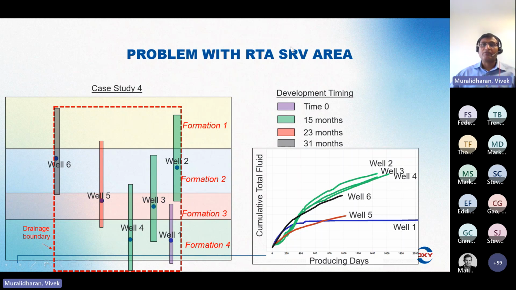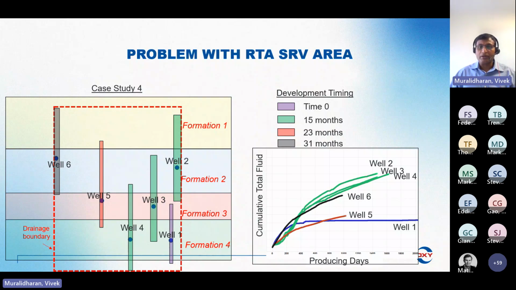For example, wells 2, 3, and 4 may have the same total fluid, but when you look at the oil, they may not be the same. Well 4 has much lower oil compared to wells 2 and 3 because the water saturation is different. That's why you should only look at the total fluid when you compare SRV changes, because the frac doesn't only bring oil, it also brings total fluid. You would end up with a false correlation just by comparing the oil alone.